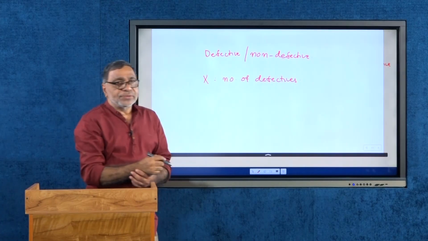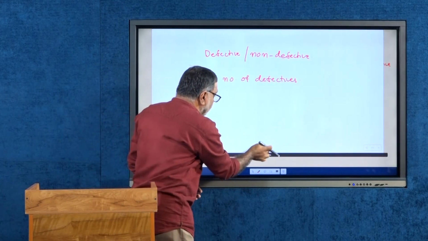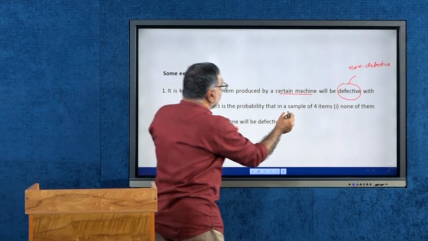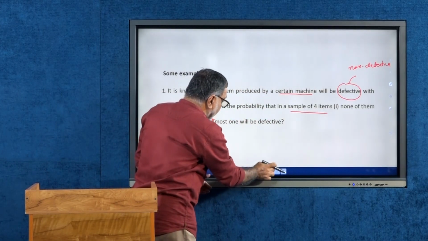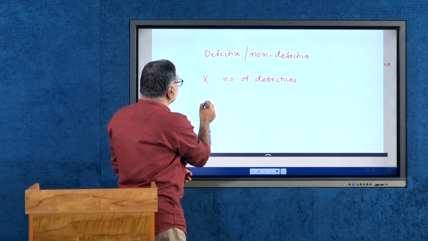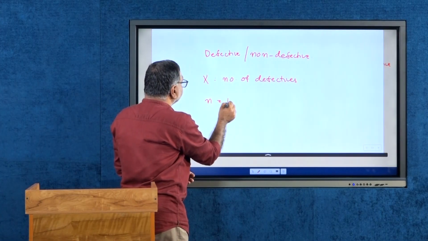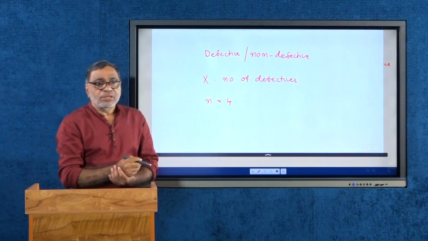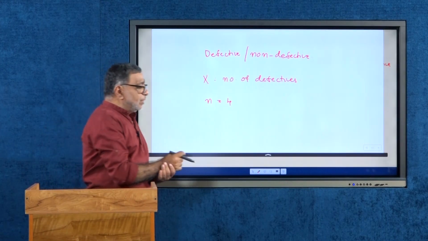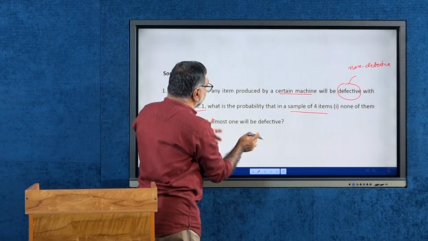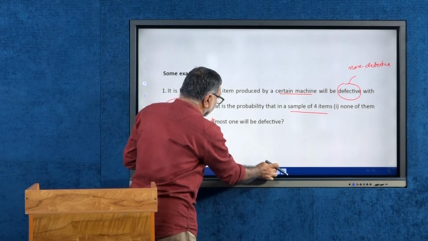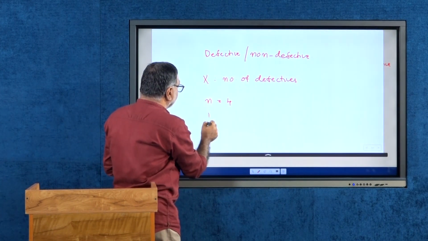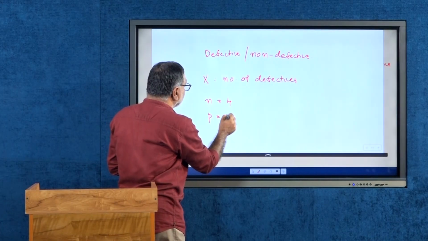A sample of 4 items is selected, so n is given as 4, and the probability of getting a defective is 0.1.